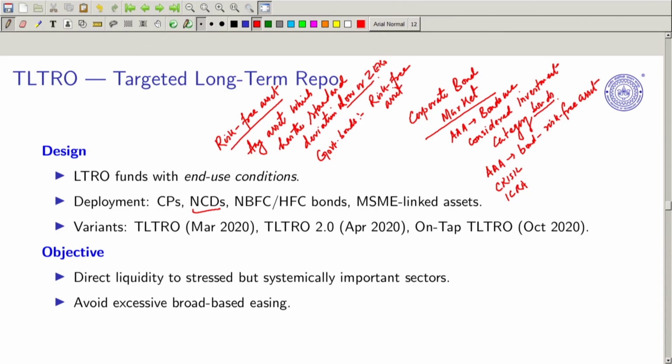because they are guaranteed by the government. In the same way, if you have triple A rated corporate bonds, then it is also called a risk free bond.